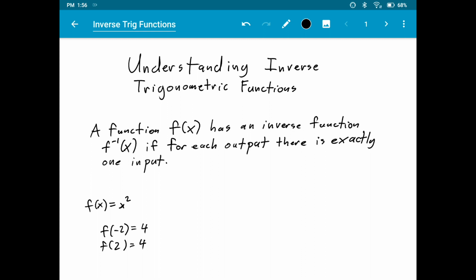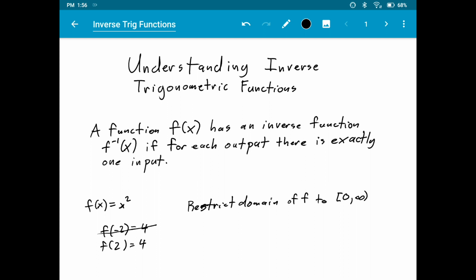However, if I restrict my domain, so if I restrict the domain of f to 0 to infinity, now, because I've restricted the domain to 0 to infinity, I'm no longer looking at anything with a negative number.